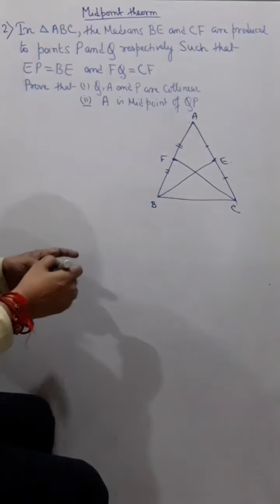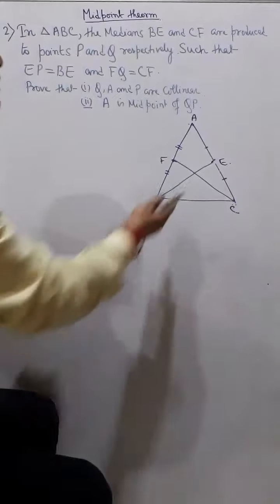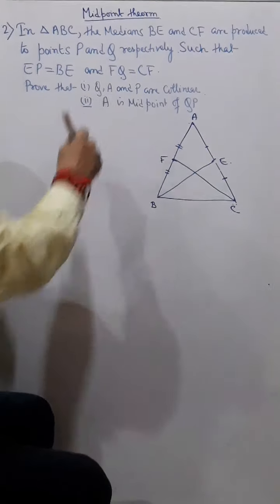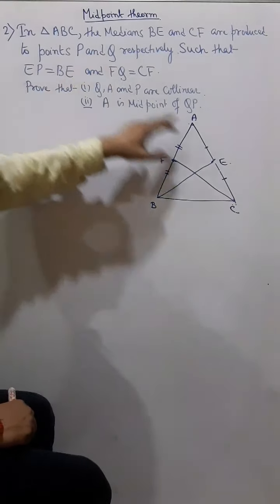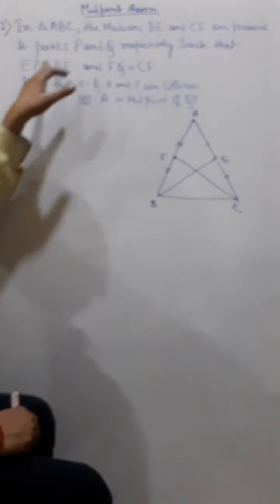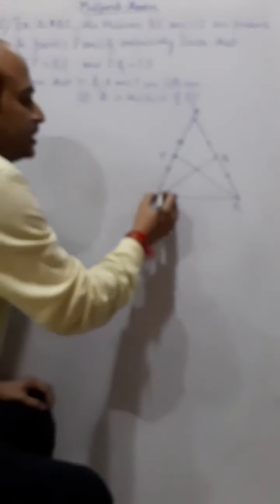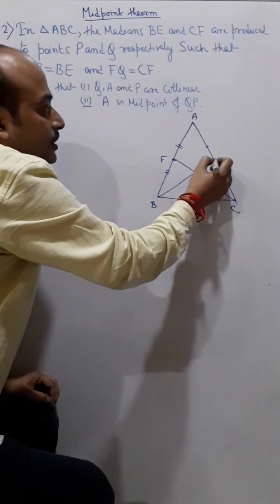Now what they told, that the medians BE and CF are produced to the points P and Q. So it will be produced to a point P and this will be produced to a point Q, such that EP equals BE.